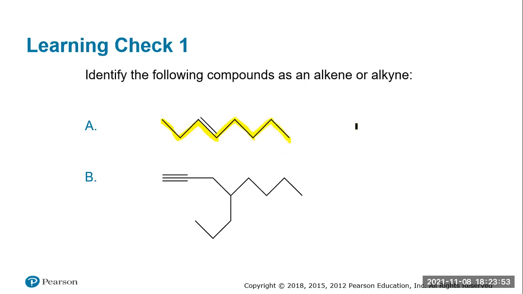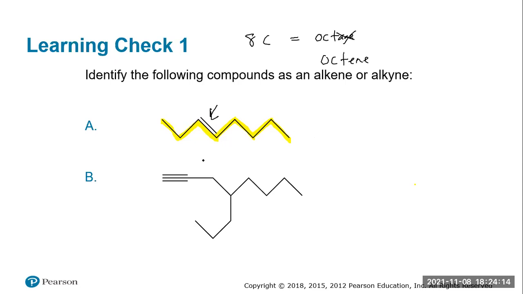So this guy has 8 carbons, which is based off of octane. Here we do see a double bond, which means our octane now becomes our octene, ENE.